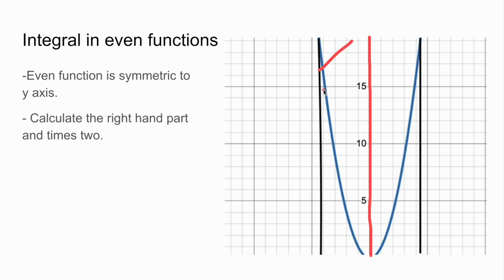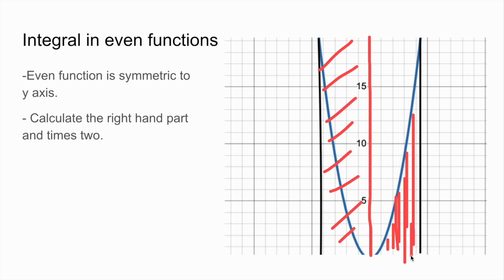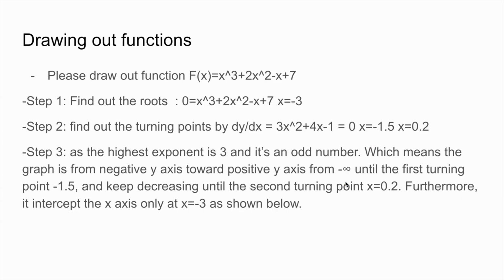For instance, in this example we forget about the left-hand side and just calculate the shaded area on the right-hand side, then multiply by 2 and we get both sides. It's much easier this way than finding both sides.